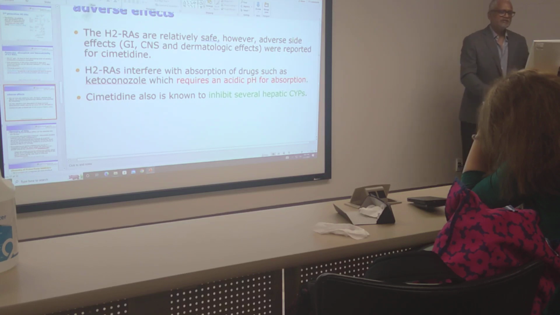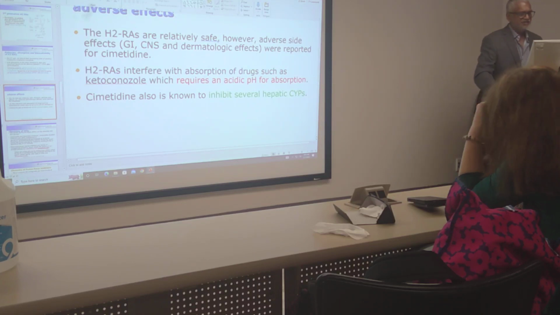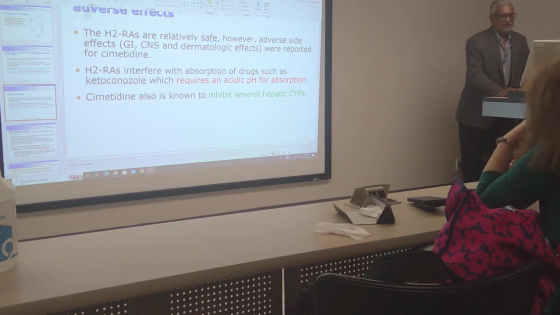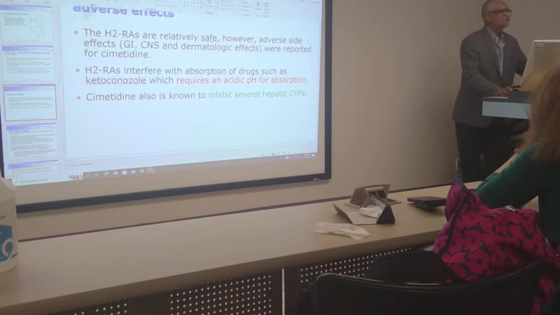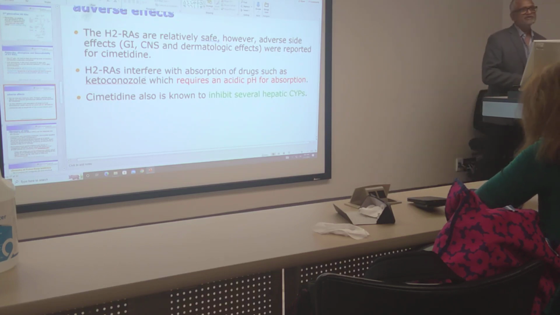Adverse side effects: there are not many, they are pretty safe, except that because of the reduction in acidity in the stomach, the absorption or activity of drugs such as ketoconazole, an antifungal drug, becomes compromised, because it needs an acid environment for its absorption.